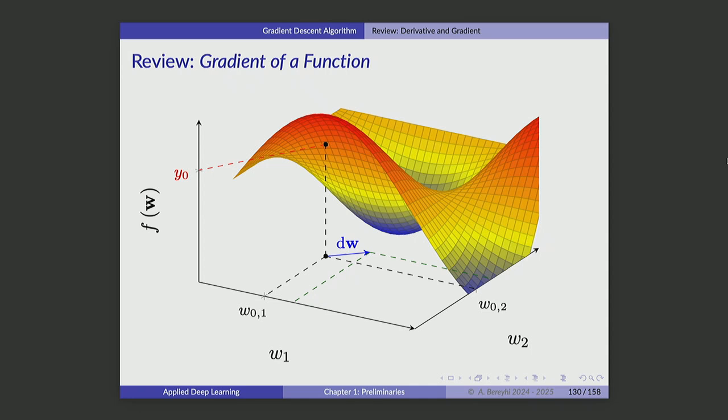Now, if you think of this vector, you can say that it has a part on the W2 axis and a part on the W1 axis. If you take these parts, multiply them with the corresponding partial derivatives and add them up, then you are able to say how much your function is changing here. Everybody's cool?